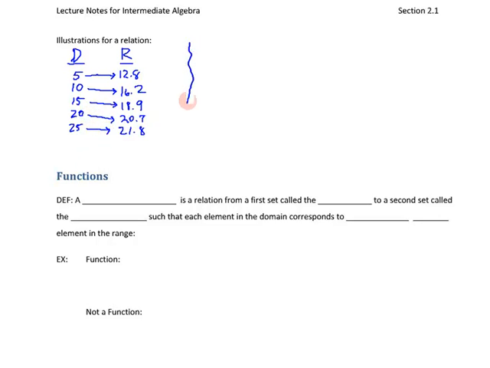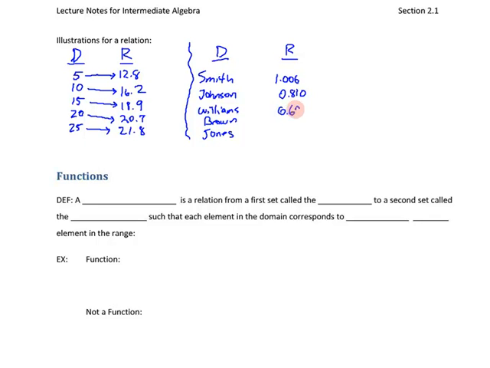Now, if we went back to the earlier example where the domain was Smith, Johnson, Williams, Brown, and Jones, the range was 1.006, 0.810, 0.699, and 0.621.